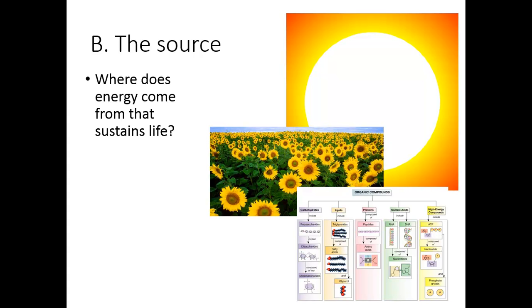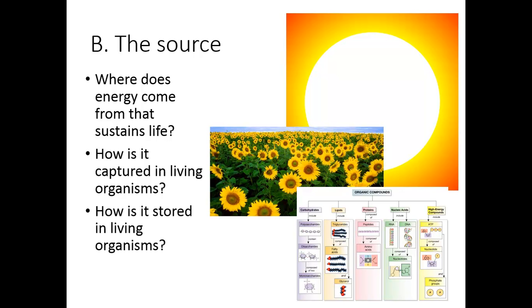Now, the source of energy of living things on the planet comes from, of course, the sun. The sun is constantly radiating heat and light towards the Earth's surface, and then that is what sustains life. It is captured by, of course, our plants or photosynthetic organisms, as they, through the process of photosynthesis, convert light energy into chemical energy.